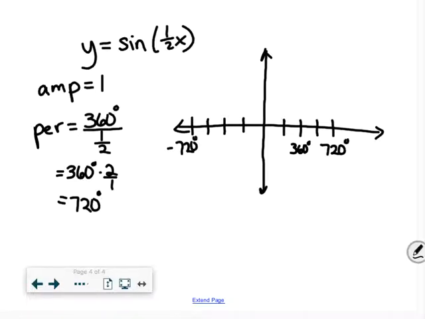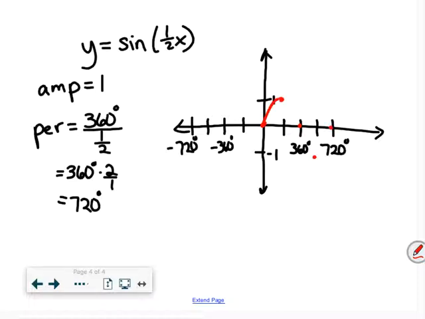Label on the left side, and then my amplitude is 1. So the sine curve starts at the origin. Eventually we'll figure out left, right, up, down. But right now we're just doing the stretch and shrinks. So I'm going to start at 0, 0. It goes up to 1, 0, 0.